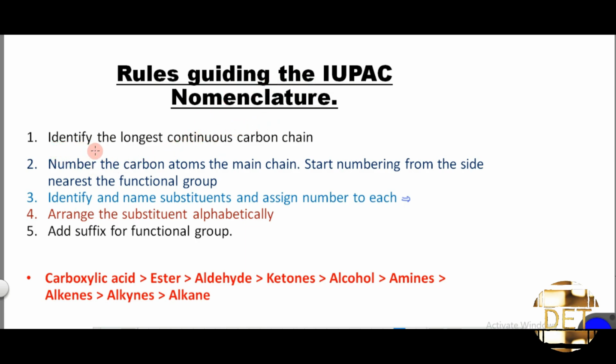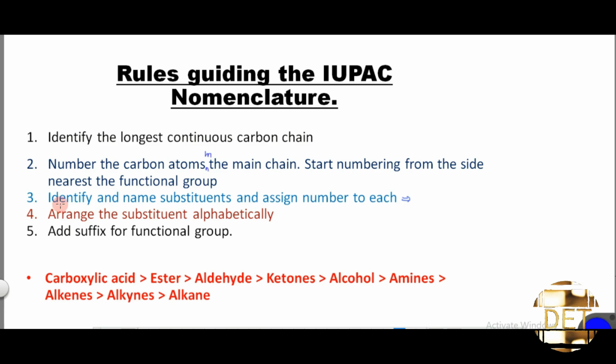The first rule is to identify the longest continuous carbon chain. Secondly, you number the carbon atoms in the main chain, starting from the side nearest the functional group.